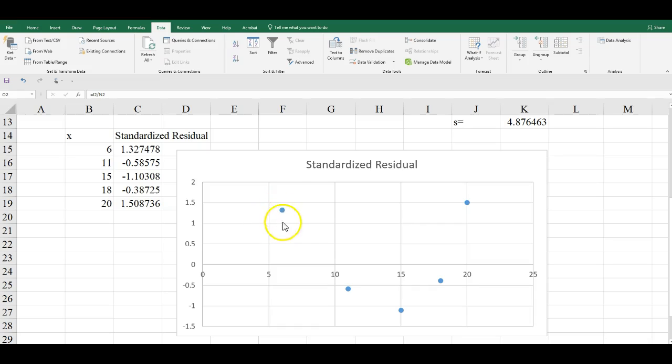And because this is curvilinear, the conclusion that you draw is the relationship of these values is not really linear, and therefore the assumptions of the error term have not been satisfied.